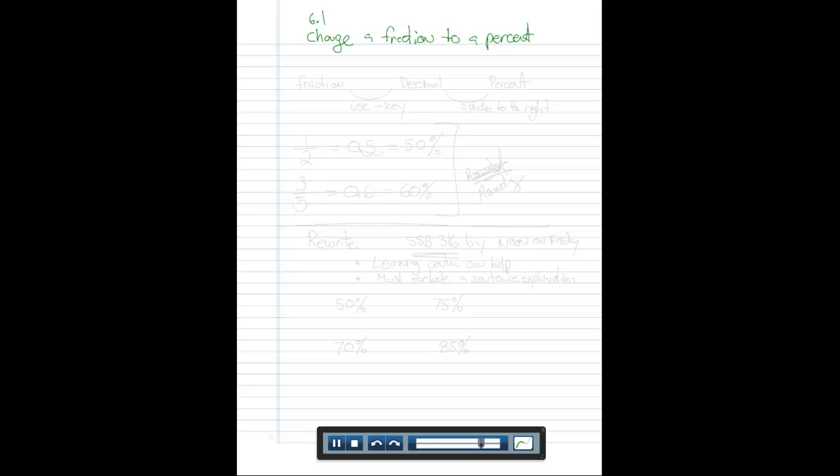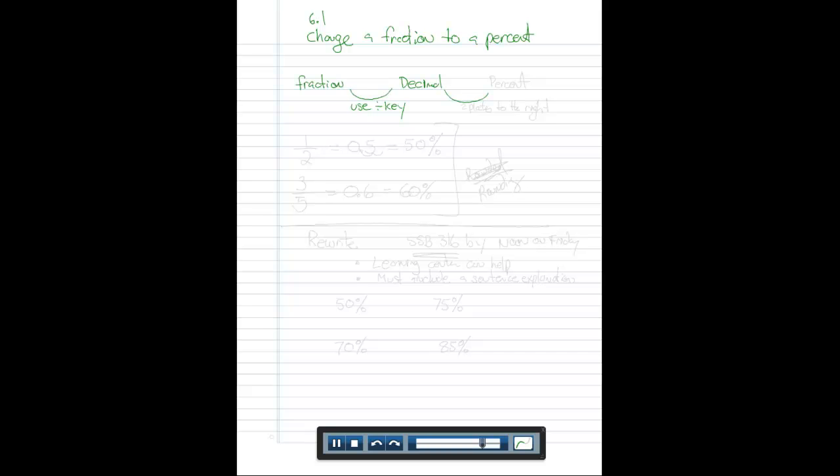Last thing you'll be asked to do in 6.1 is change a fraction to a percent. The trick here is take your fraction and use the divide key to make it into a decimal.